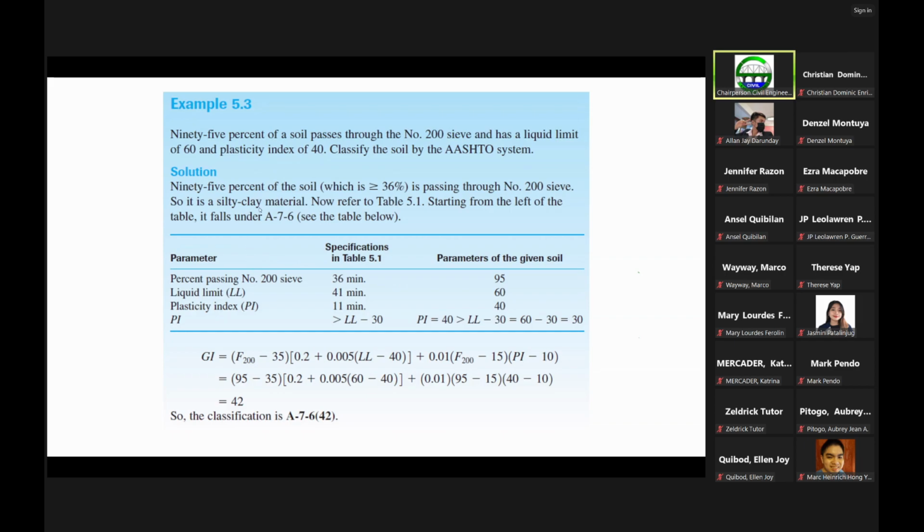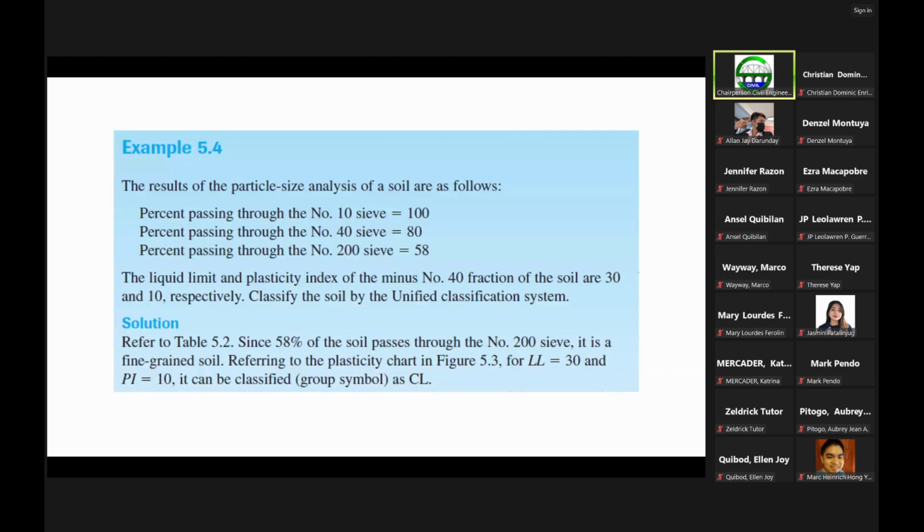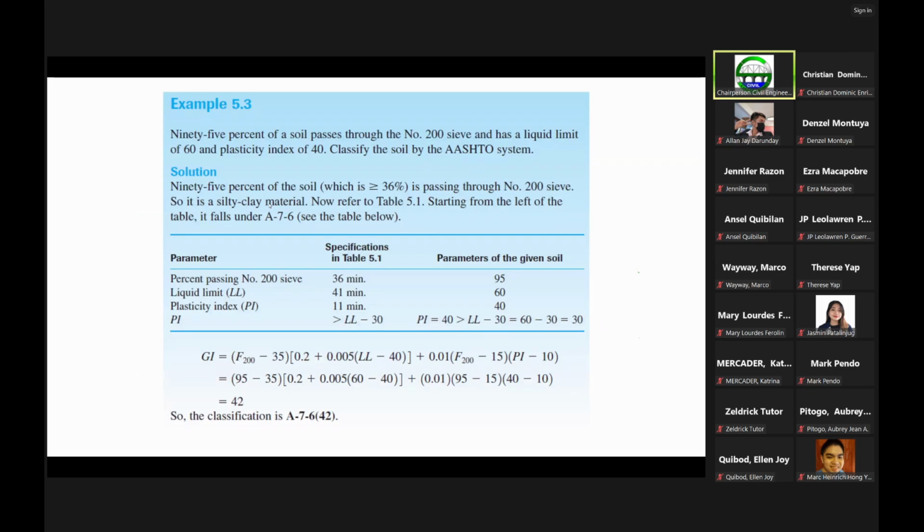Since this 95% is greater than 35%, we can use this table here for the AASHTO classification under the silt clay materials, where more than 35% of the total sample passes number 200. In this case, we have 95%, so it's more than 35%. So then it is a silt clay material.